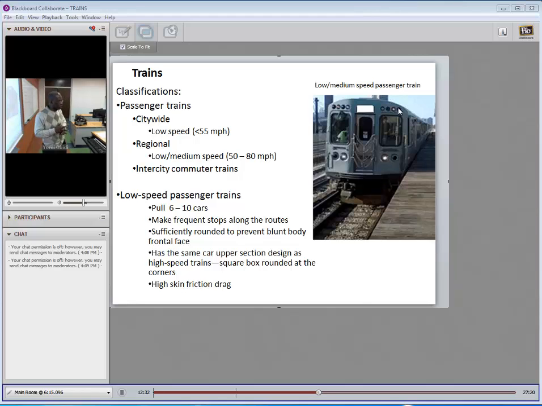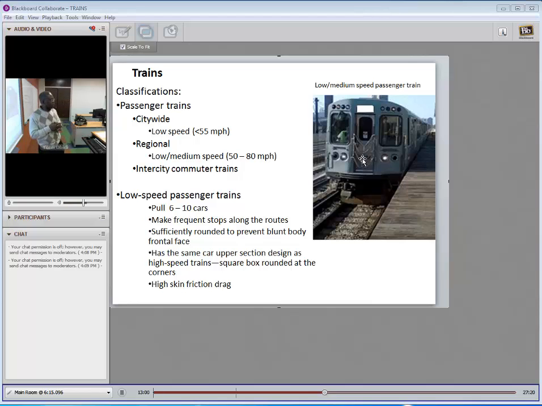They are sufficiently rounded to prevent bluntness of the frontal face. This has some rounding at the edges. It's not like the square, blunt face that we have. This is your typical low-speed, citywide train system.